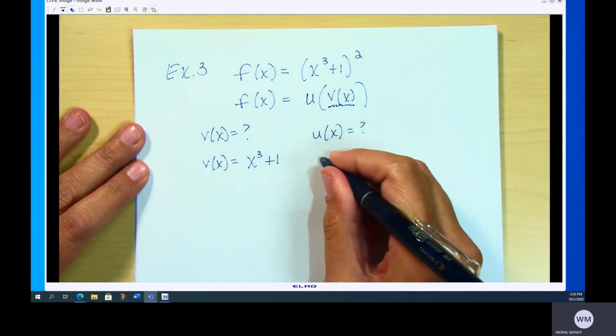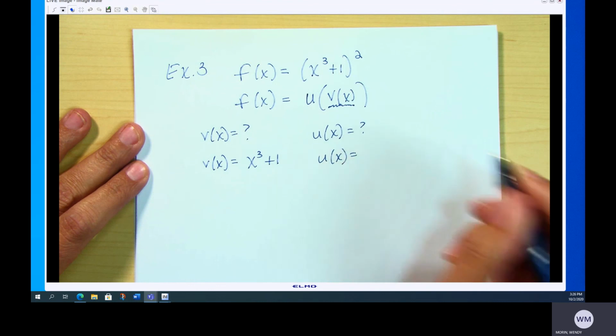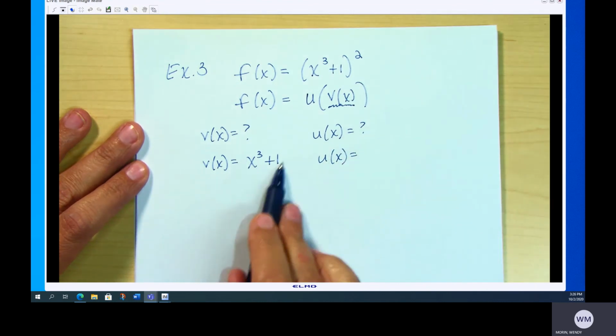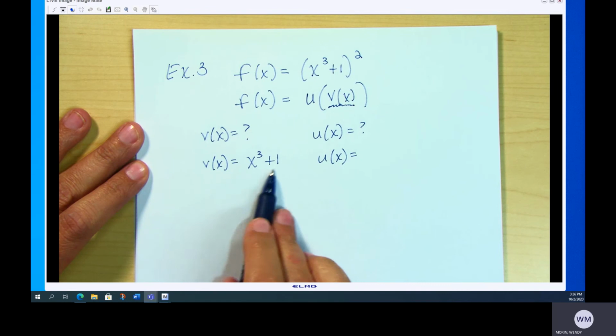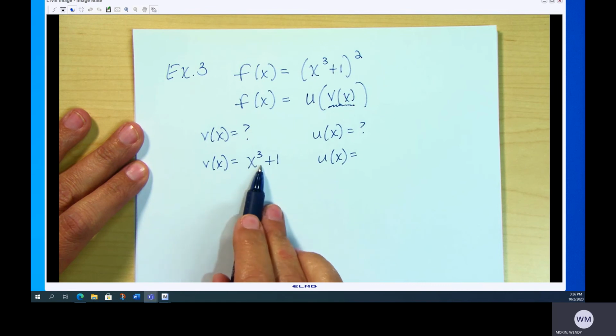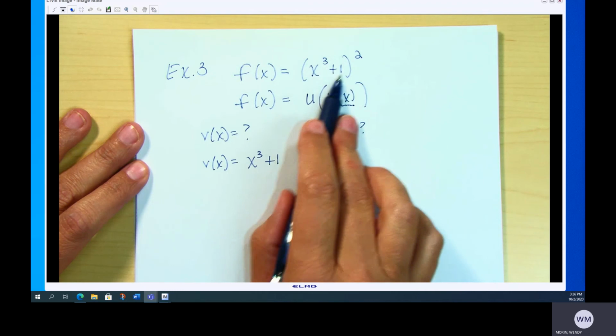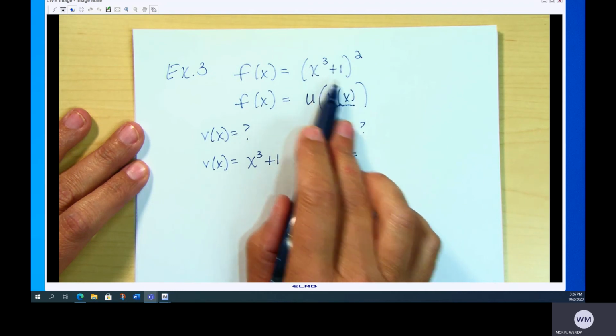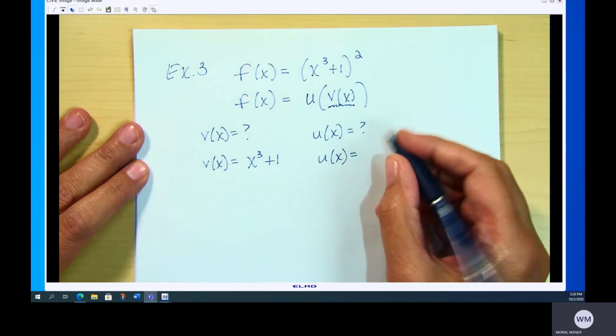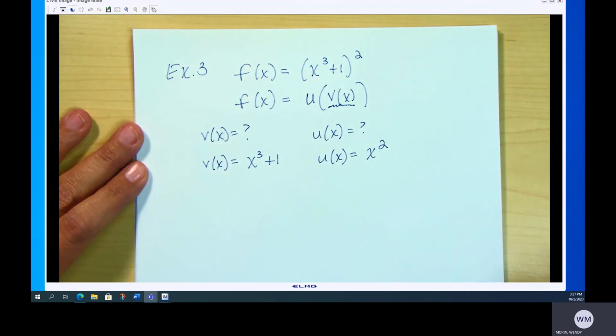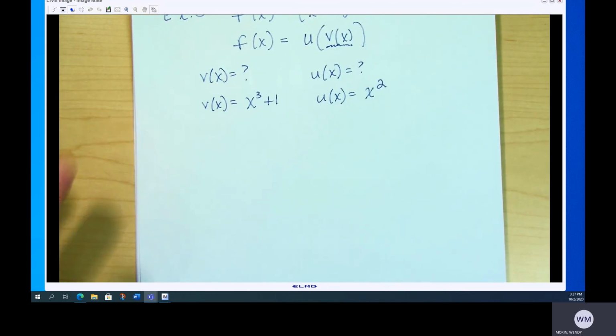And what was the function that I replaced each x with this? What would have been the original equation with the x in it? Well, if I substituted all of this in for x, then my original function must have been x squared. And that's called decomposing. That's the opposite of composition, decomposing.